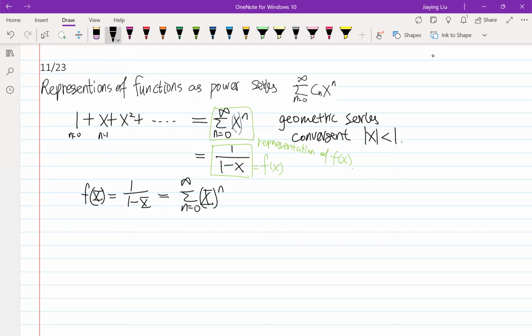Now this series converges for capital X in absolute value less than 1. Just basically copying what I did with the geometric series example above.